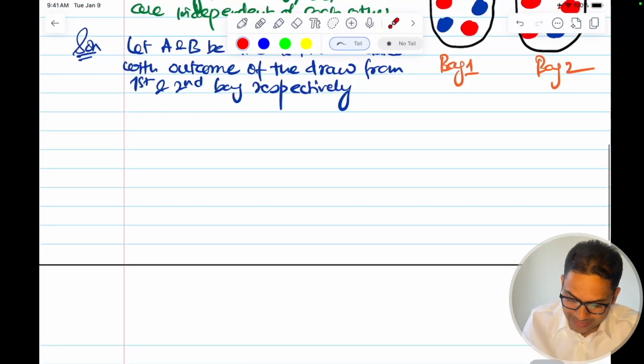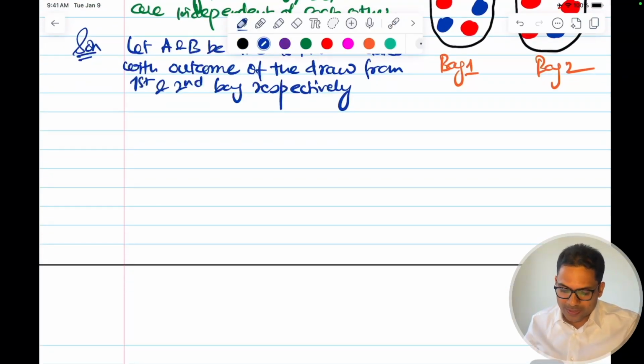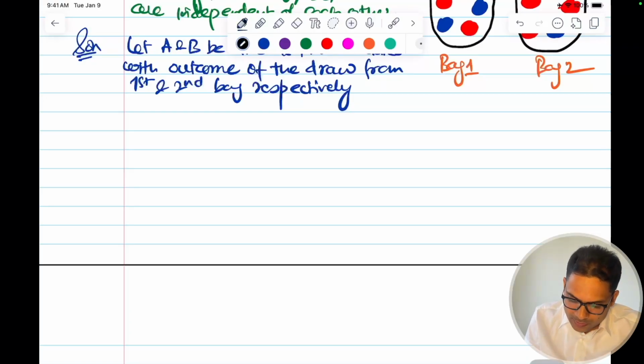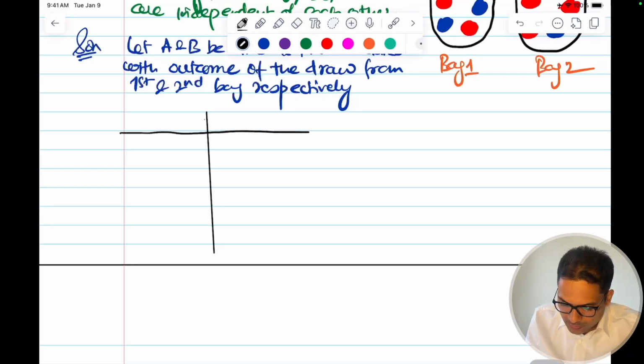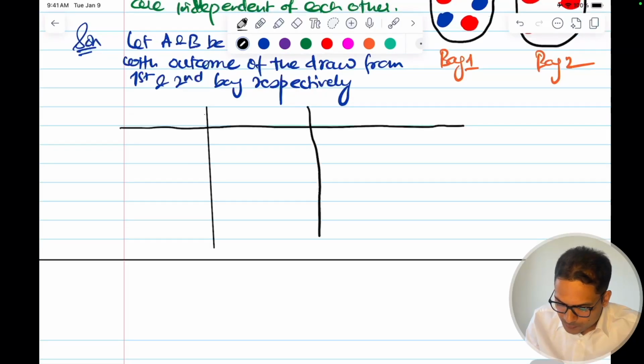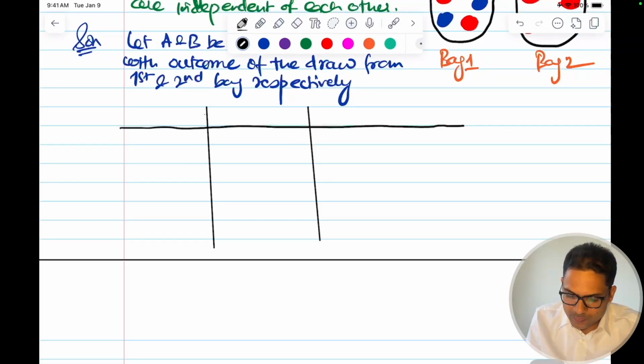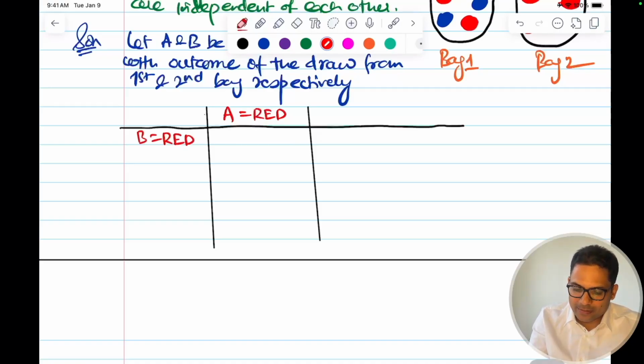So let's draw this out. This will be simple. Either A can have a red ball or a blue ball, and B can have a red ball or a blue ball.